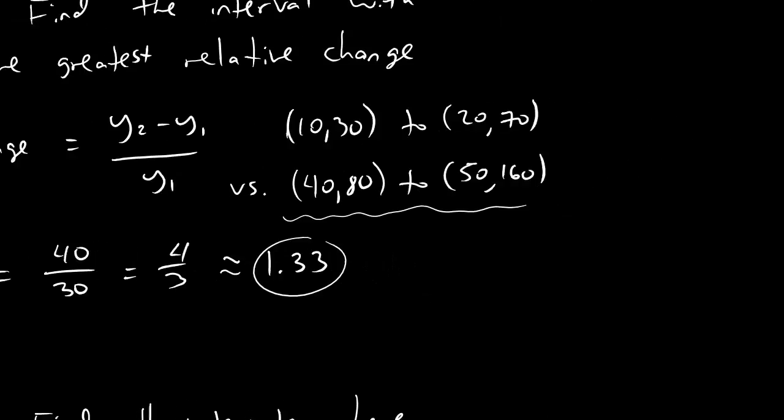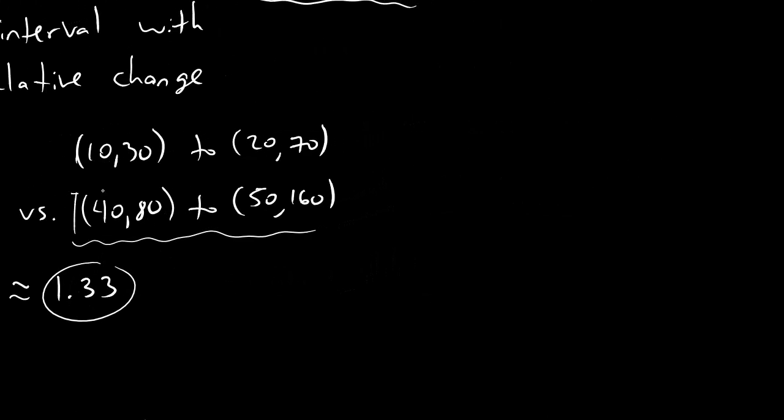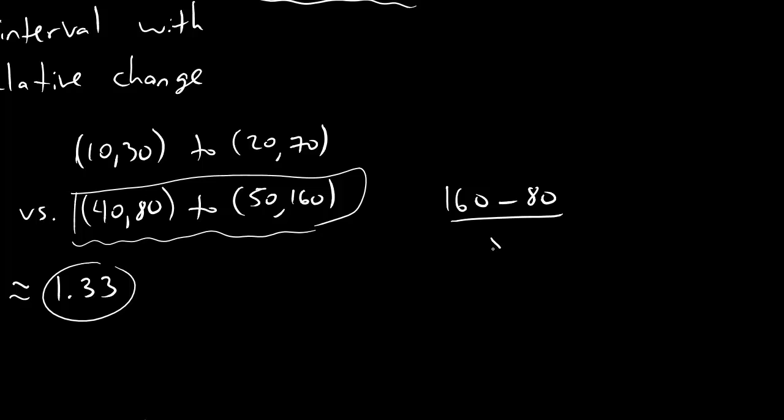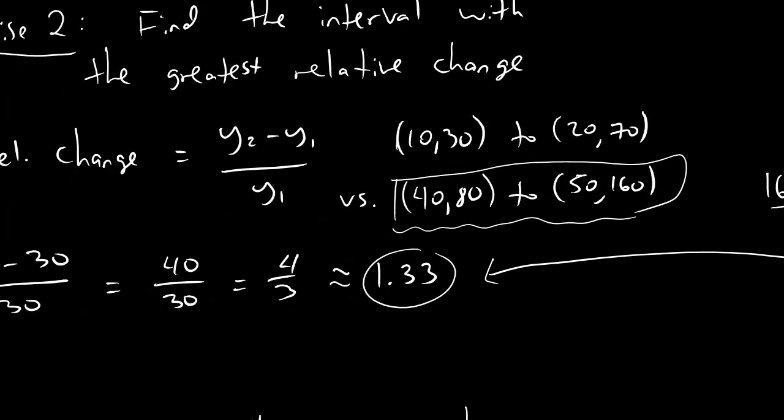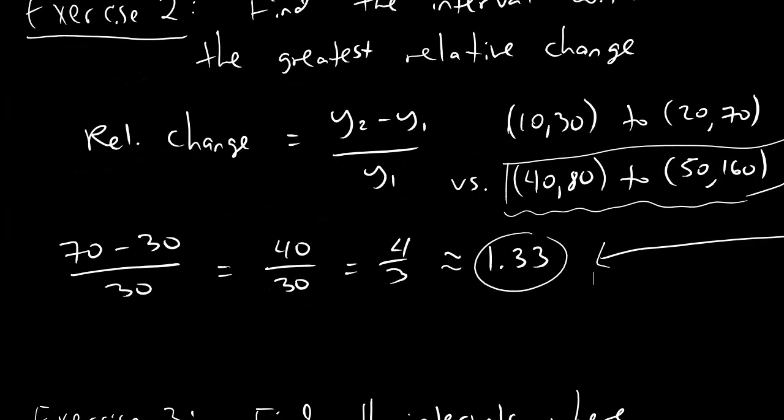Now separately, if we look at the (40, 80) versus (50, 160), we get 160 minus 80, because that's y2 minus y1, all over y1. This is 80 over 80, and that's just equal to plain boring old 1, not quite as big as 1.33.